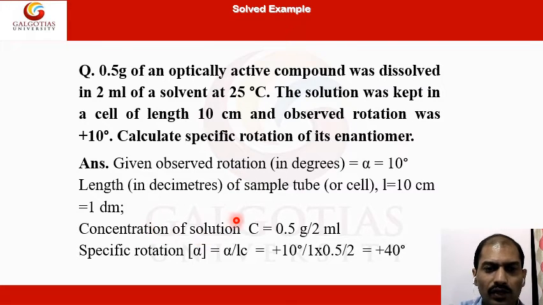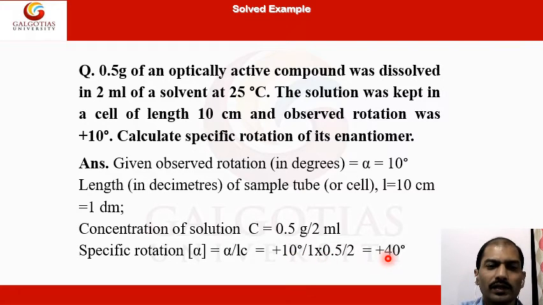And concentration is also given, 0.5 gram in 2 ml. So gram per ml we had already discussed in the definition of specific rotation, which we studied earlier. So here the specific rotation, alpha with respect to D and at a certain temperature, can be calculated by putting these values in here.